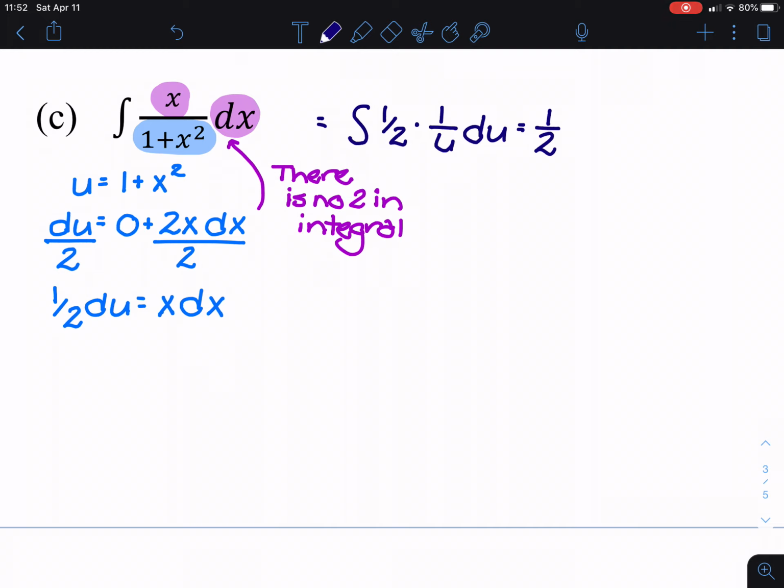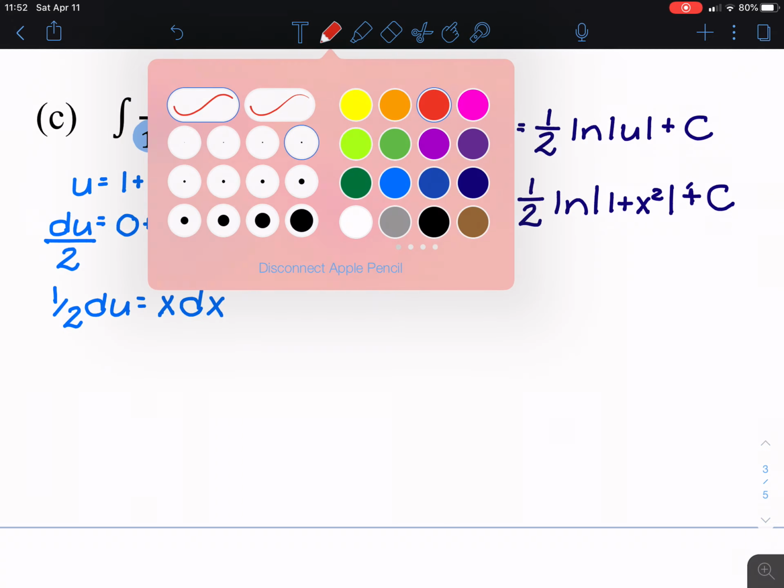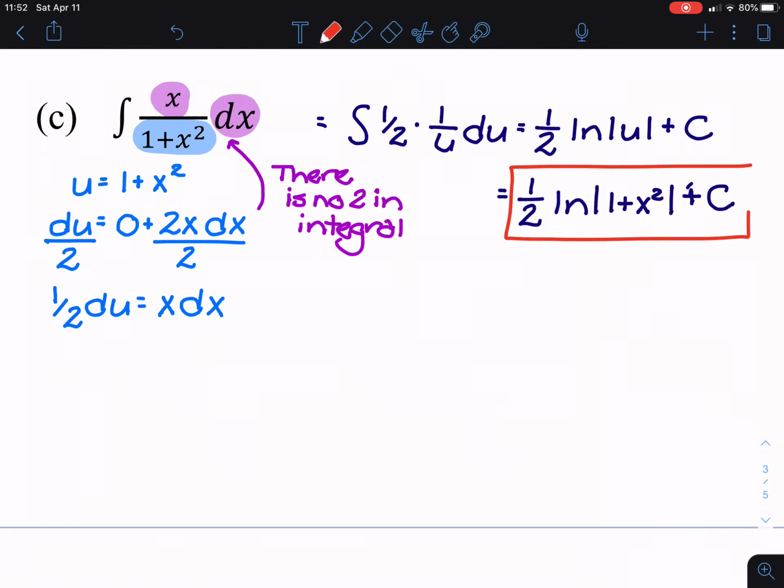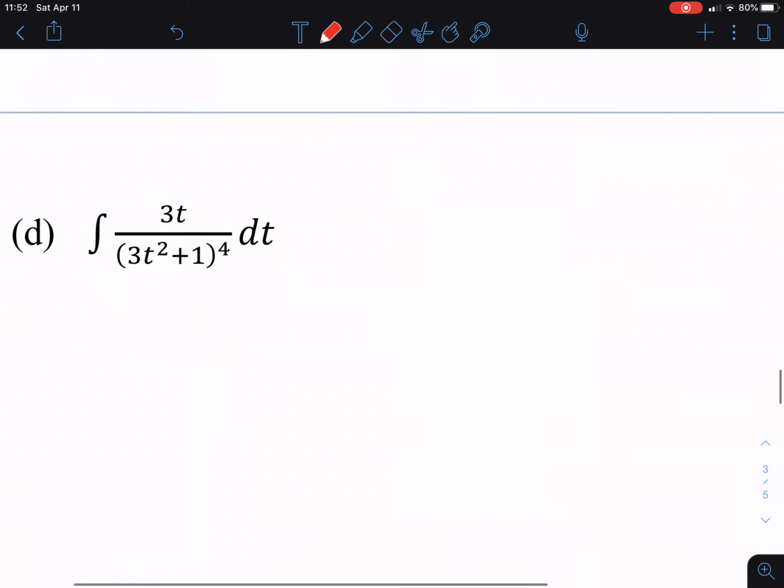Then the integral of 1 over u is the natural log of the absolute value of u plus c. My last piece is to replace u with the function it represents. So this is 1/2 times the natural log of 1 plus x squared plus c as my answer.